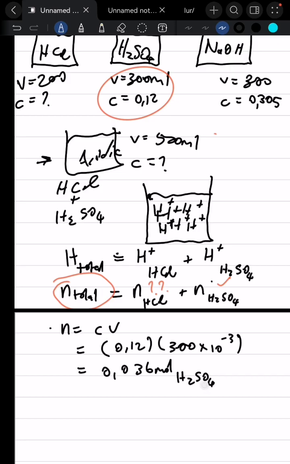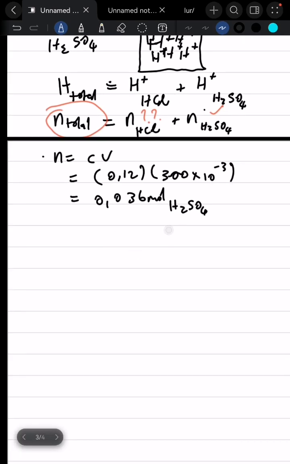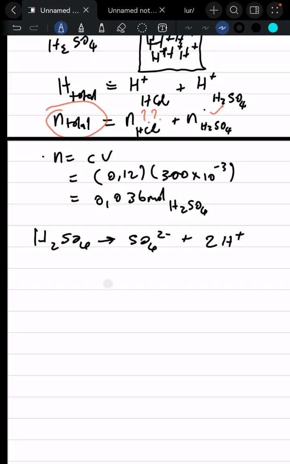That is the moles of H2SO4. But remember, we were talking about the number of moles of hydronium ions coming from HCl and from H2SO4. So I need to get the moles of hydronium ions coming from it. Remember that it is diprotic, so it dissociates into SO4 2 minus plus 2 hydronium ions, because the ratio is 1:2.